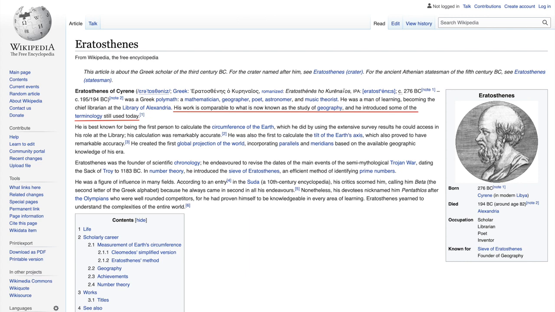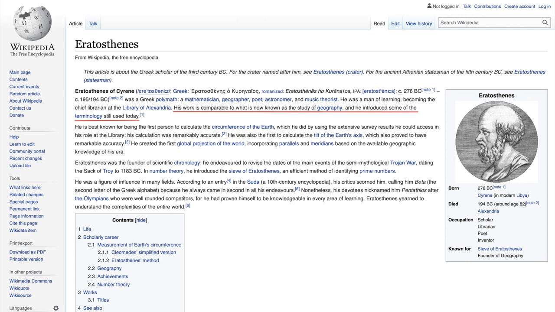He was a man of learning, becoming the chief librarian at the Library of Alexandria. Wow. Yeah, that's a prestigious thing. The Greeks were very smart. His work is comparable to what is now known as the study of geography, and he introduced some of the terminology still used today.